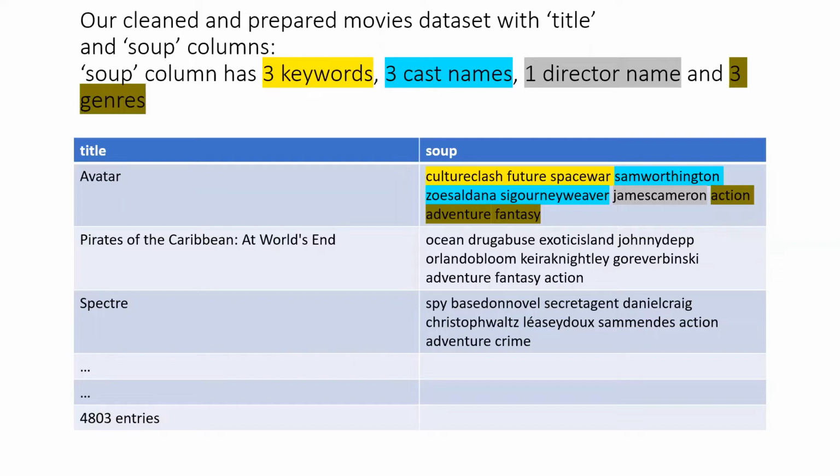So as you can see for Avatar, we have culture clash, future, and space war as keywords that would identify the movie title. We have cast names. We have the director, who's James Cameron, and then we have the genres of action, adventure, and fantasy. And for every single movie within this data set, it's been reduced to this data.